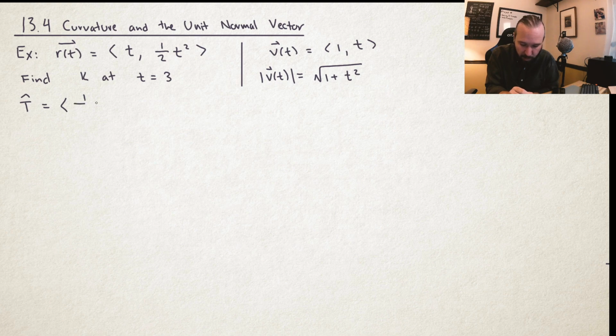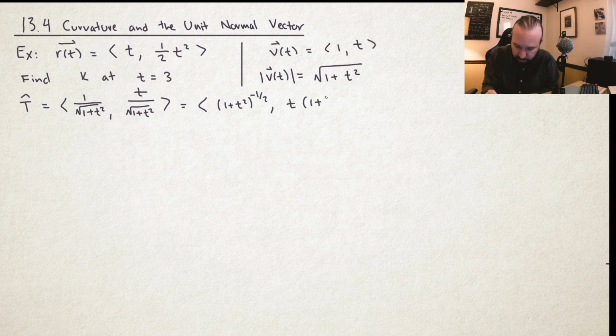So I get 1 over the square root of 1 plus t squared, comma, t over the square root of 1 plus t squared. Which, to me, it's just easier to view as 1 plus t squared to the negative 1/2, and then t times 1 plus t squared to the negative 1/2.